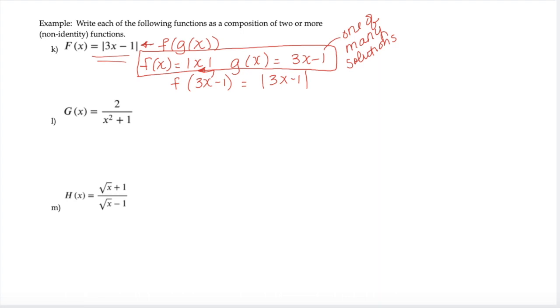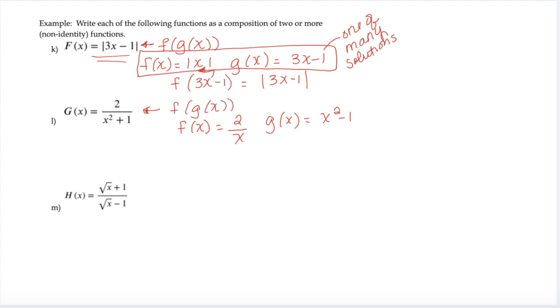When I'm looking at big G of x is equal to 2 over x squared minus 1. Again, what is f of g of x combined together, which will give me 2 over x squared minus 1. I'm going to let f of x be 2 over x, and I'm going to let g of x be equal to x squared minus 1.